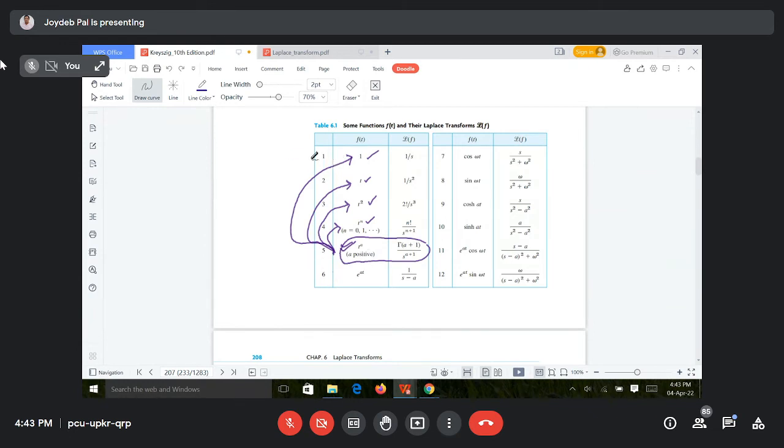So these are one type of formula, that is another type of formula. Now 7, if f(t) is equal to cos or f(t) is equal to sine, these are another type, trigonometric function type.